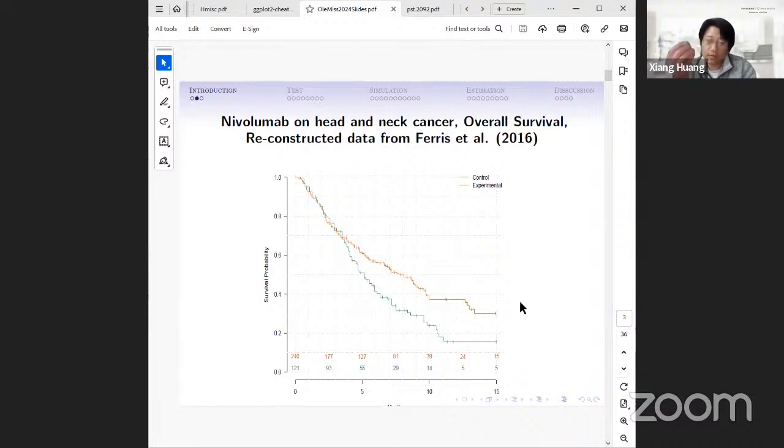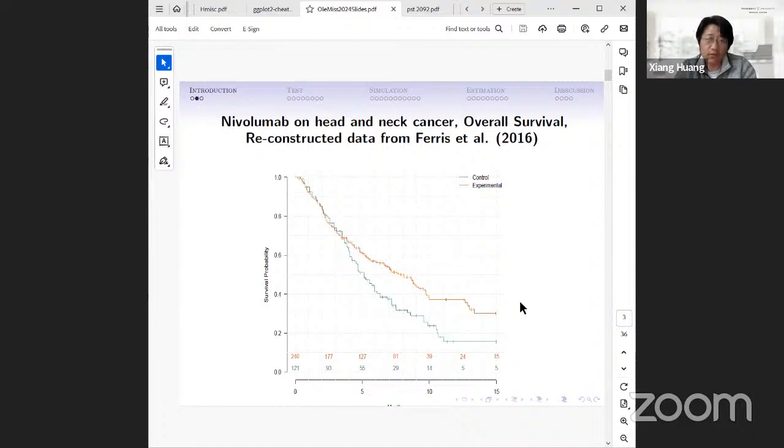So how do we accommodate this delayed treatment effect? We know the standard log rank test is used widely, but that is under the assumption that the survival curves separate at the very beginning, that when you apply the treatment, there will be an effect shown at the very beginning. Under that proportional hazard assumption, the standard log rank test is considered the most powerful test.